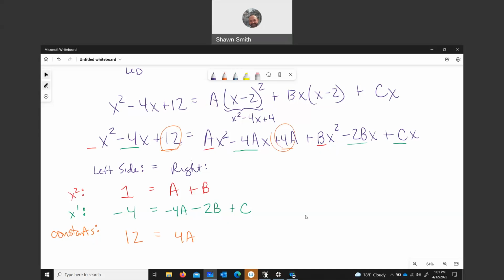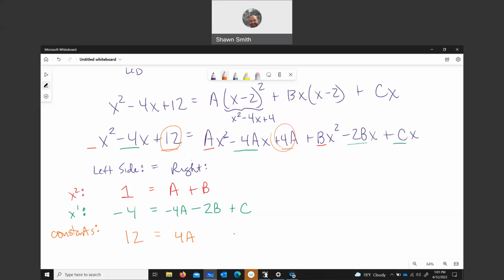All right, so we have a system right here. 3 equations, 3 variables, right? Once these systems start getting bigger and bigger, then we might want to do it as a matrix to put it in a calculator. This one's not too bad because look, we can easily solve for a using the third equation, right?